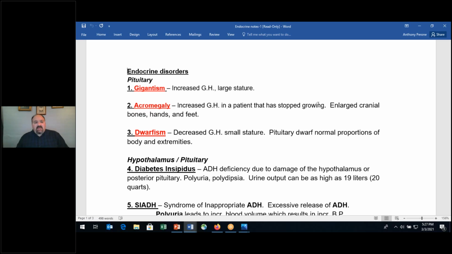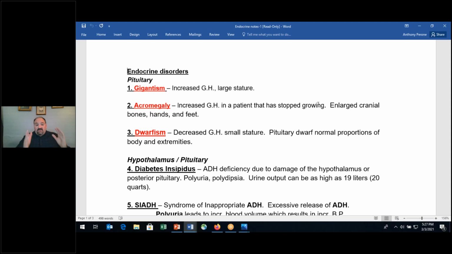So folks, one of the things you can do regarding learning, processing, and memorizing this information would be to create 3x5 cards, like flashcards, regarding these pathologies. I think it'll be very helpful to you.